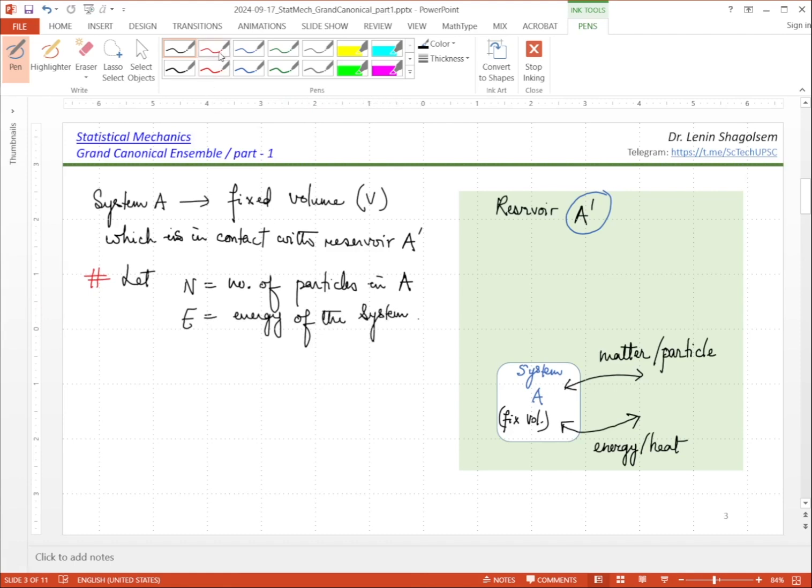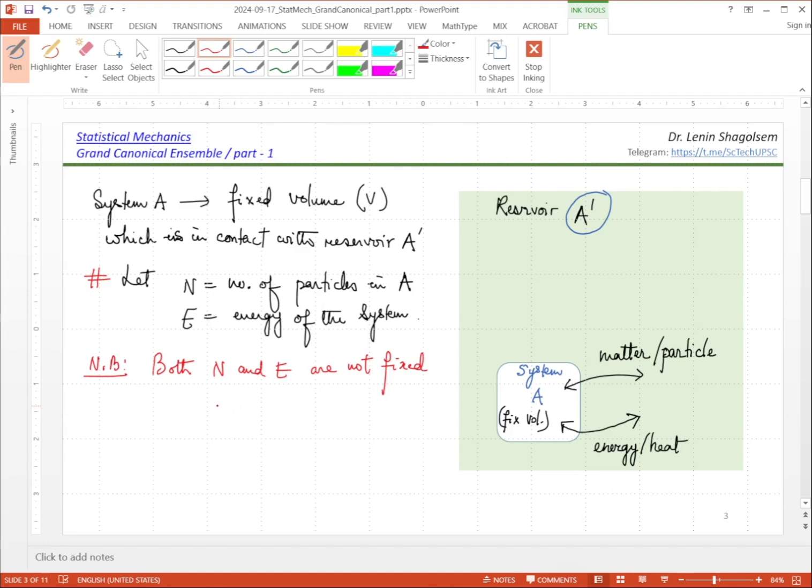What we have to note is that both N and E are not fixed in this case.